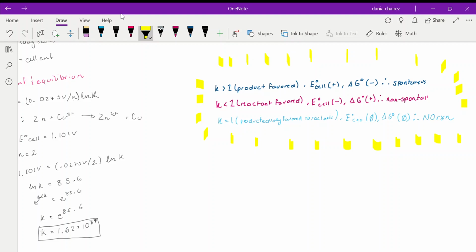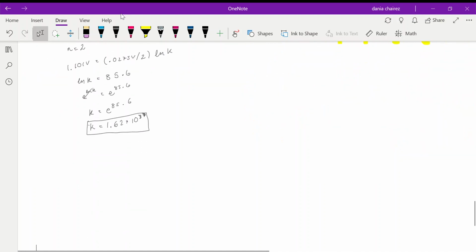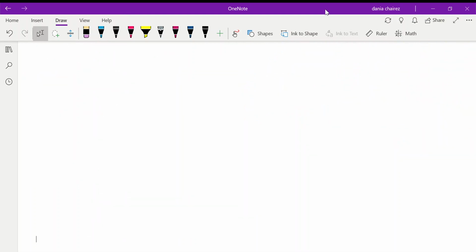And then finally, we're going to move on to the very last part of electrochemistry, which is the Nernst equation. I don't know if I'm pronouncing that right, but it's spelled like that.